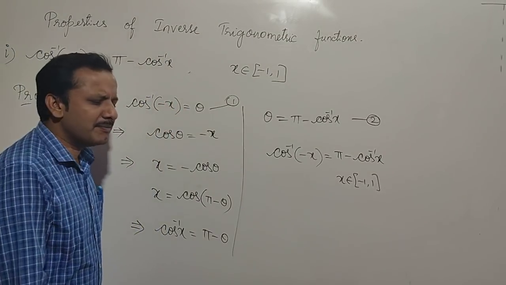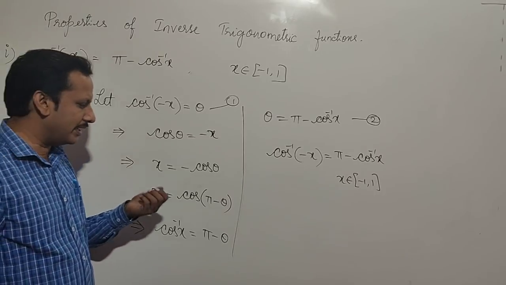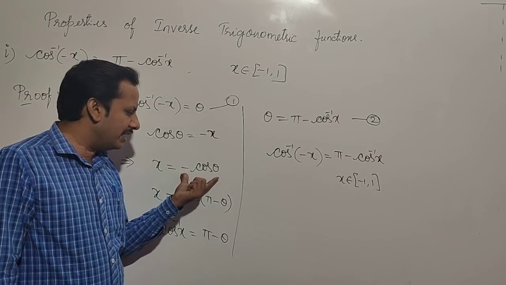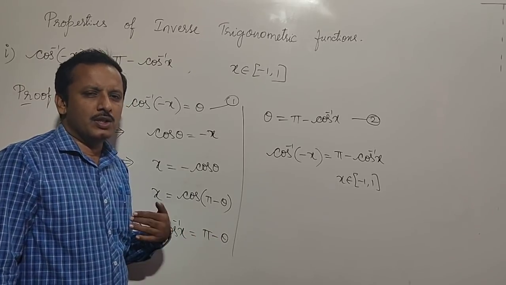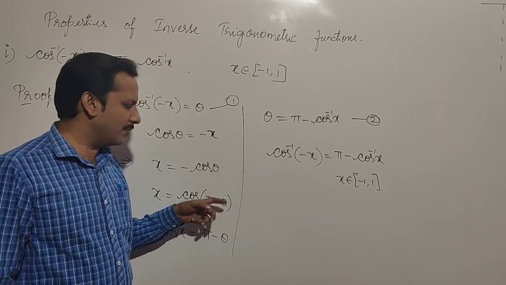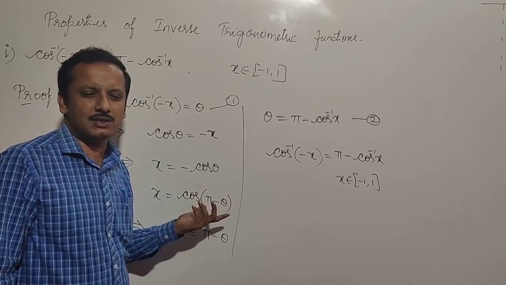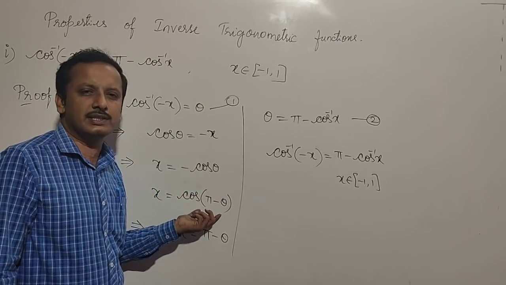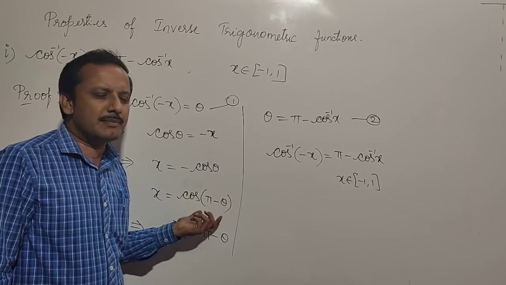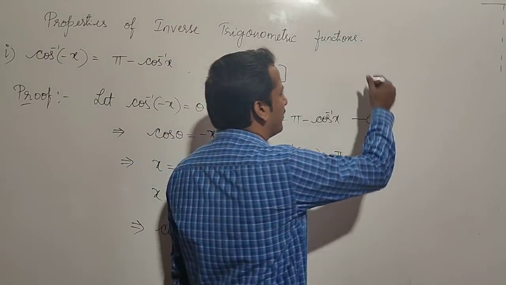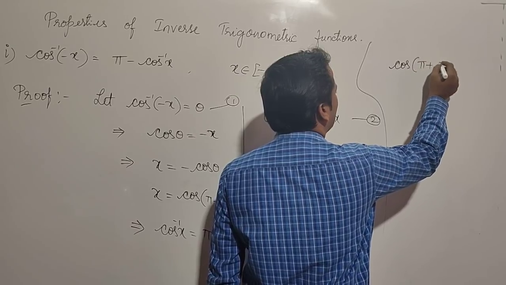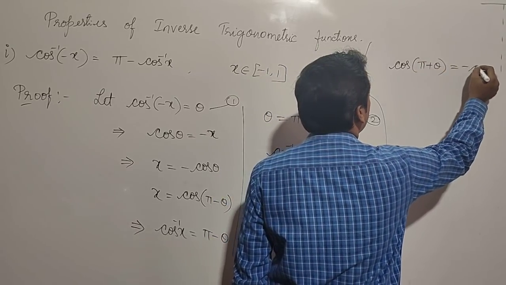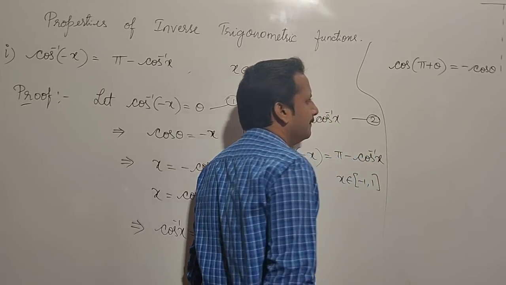Now some of you may get a doubt that, sir, why did you write minus cos theta as cos pi minus theta? Though it is true that cos of pi minus theta is equal to minus cos theta, therefore I wrote it in this way. But your question may be, sir, why not cos pi plus theta? See, if you look at cos pi plus theta, this is also equal to minus cos theta.